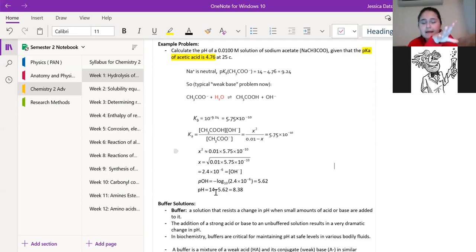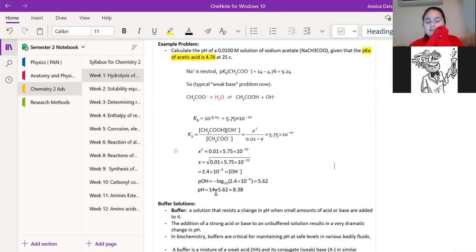Do you just want to write down, so it doesn't take a lot of time, that if you're working out an answer for a base, the only changes are the first and the last step, which is you're going to do 14 minus your pKa value to get your pKb. So for your base, you have to find your pKb.